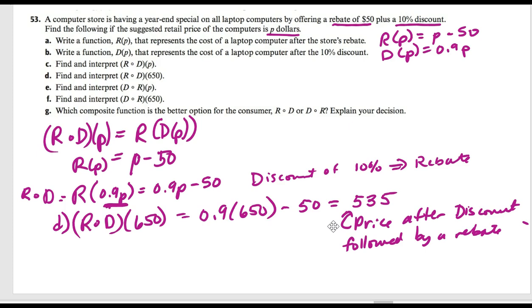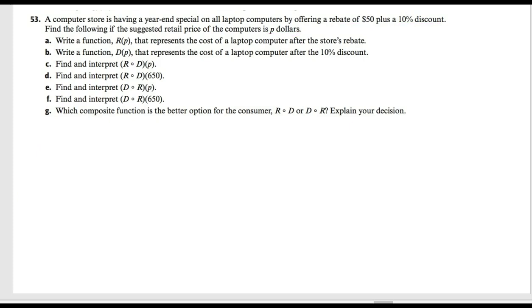All right, now let's look at E. For E, we ask D composed with R. So you can see it's a chain reaction. In this one, the rebate is first. So we can write it like this, if this makes more sense.